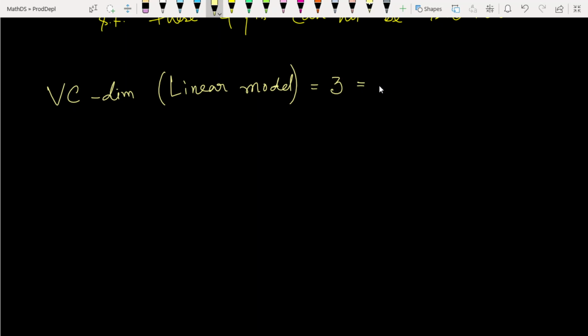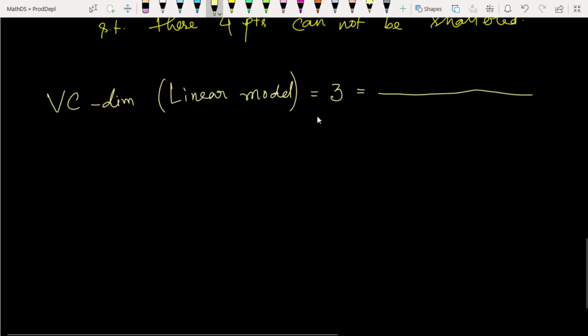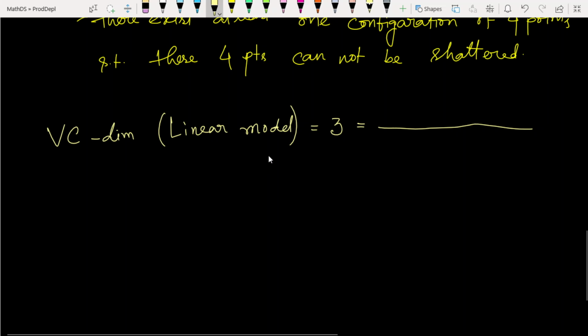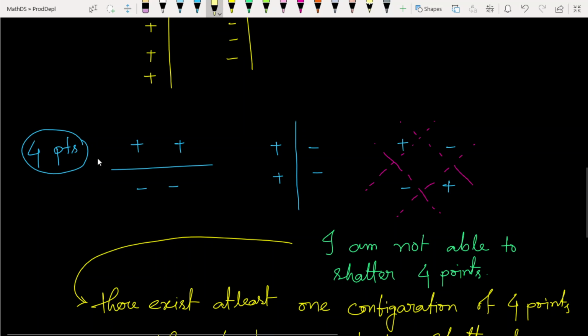Why 3? Because it is the maximum number of points that can be separated by a linear model for all possible configurations. When we took four points, we got one configuration that cannot be separated by a single line or single shatter.